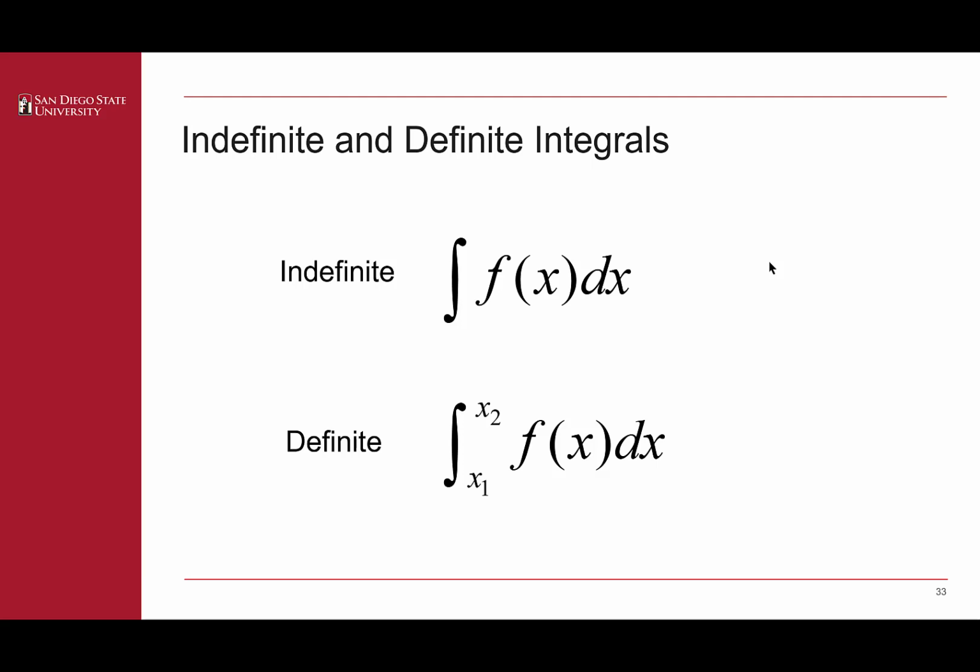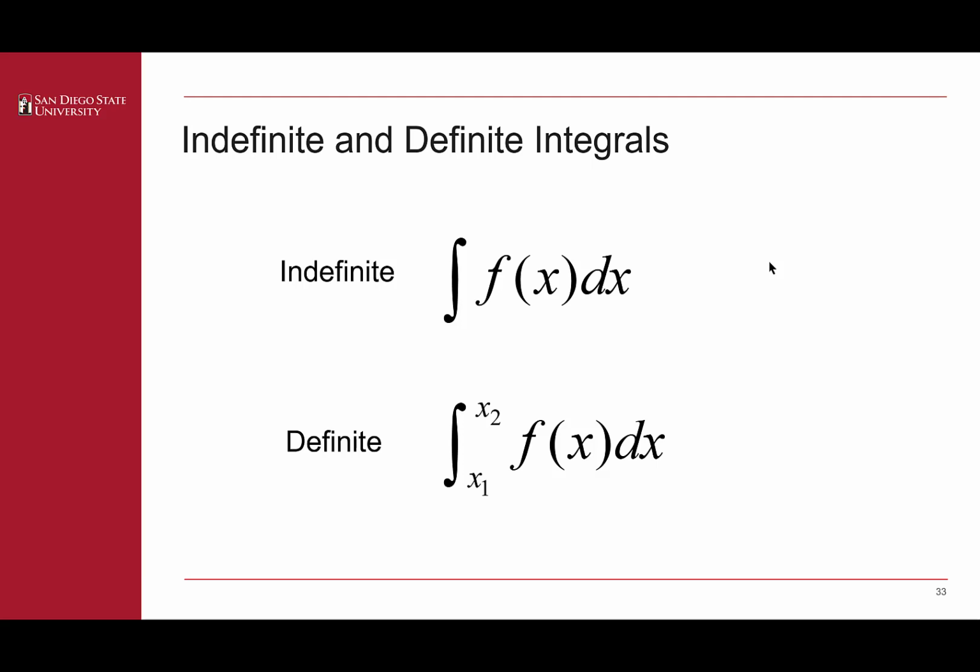The integral sign is followed by the function f of x times dx. This form is called the indefinite integral, and after calculating the integral, the antiderivative of the given function, we do not apply any borders for the values of x.